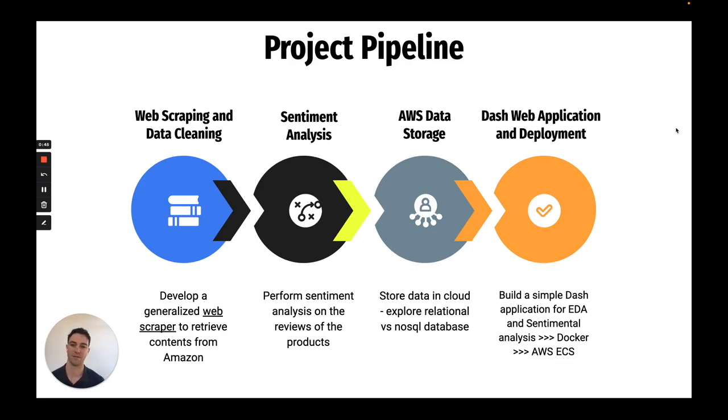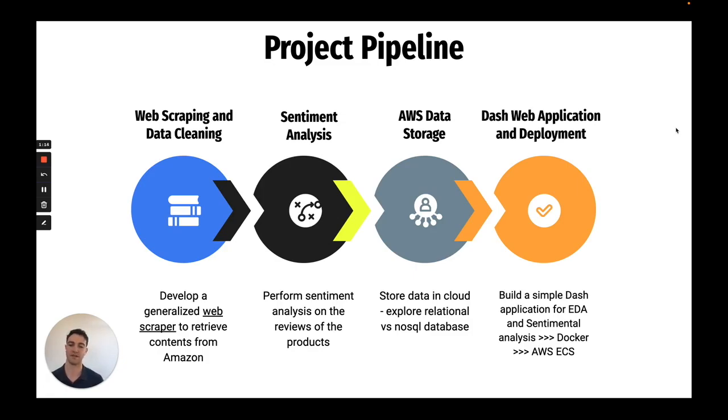The first step in this whole process was to develop a web scraper, which first pulled all the links for each of the products that we want to look at, and then went and pulled every review for all the products. The second step was to perform sentiment analysis on all the reviews. With that sentiment analysis, there was also a component which will be touched on by Sneha, where the reviews will be summarized.